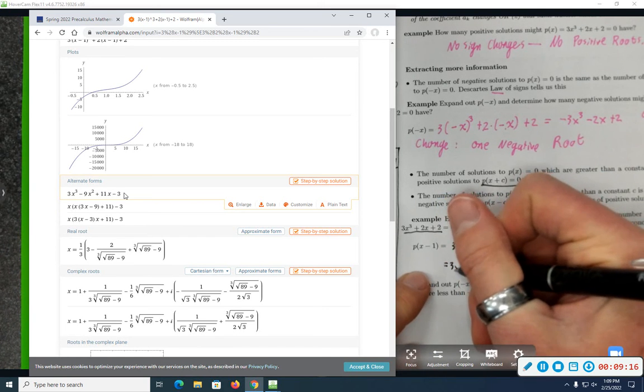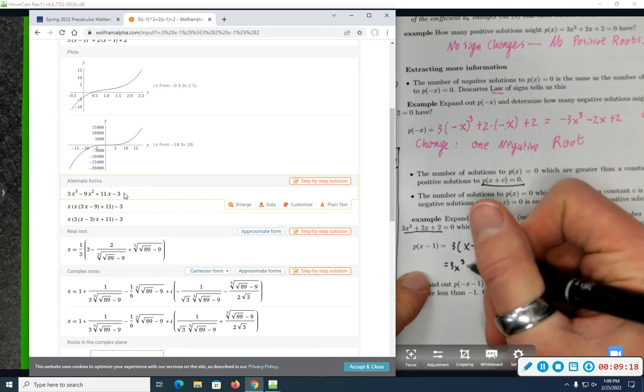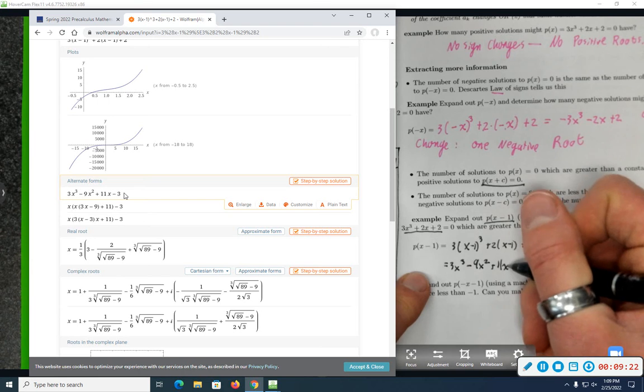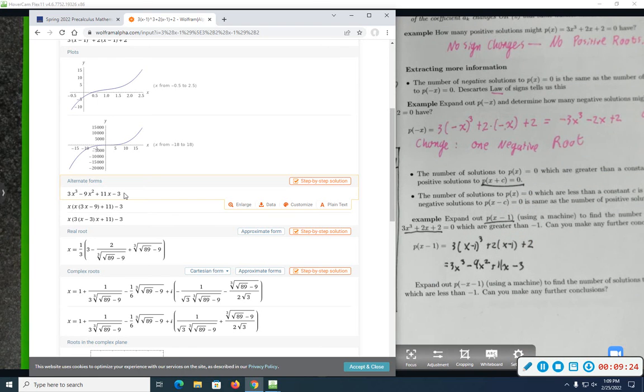Equals 3x cubed minus 9x squared plus 11x minus 3. How many times does the coefficient change from positive to negative or negative to positive? 3 times? So how many positive roots can this polynomial have? 3 or 1.